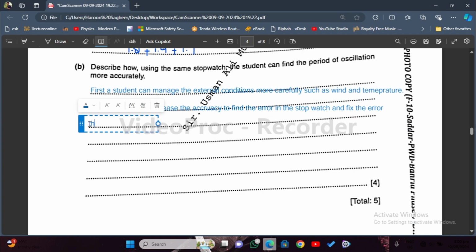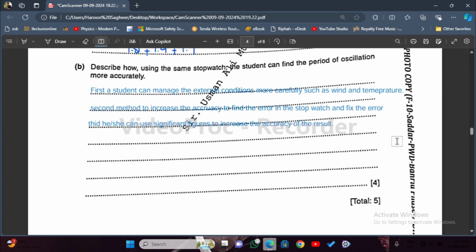Third, she can use significant figures to increase the accuracy of the result. All right, that is the complete answer.